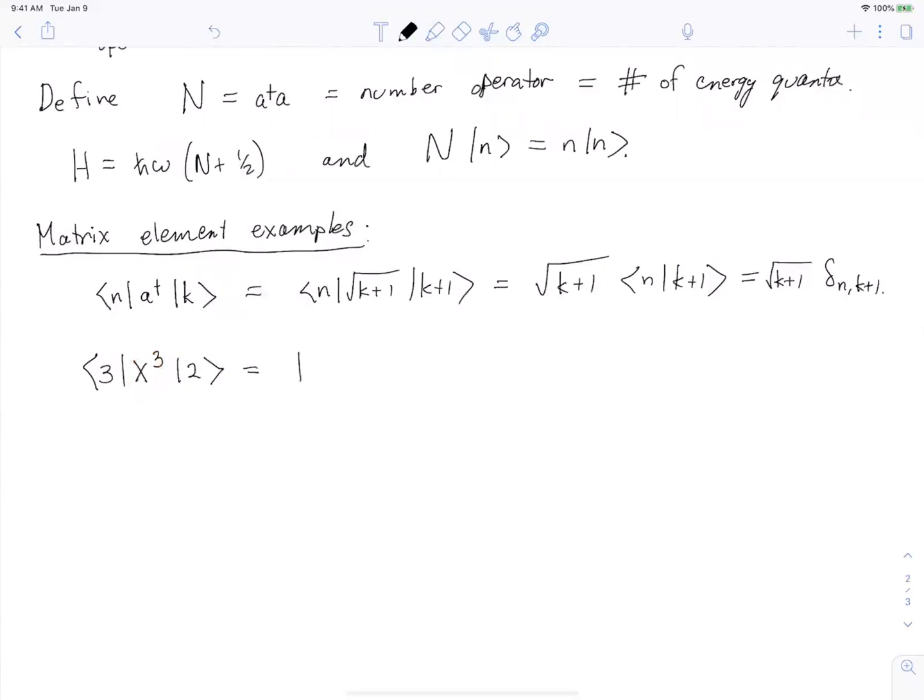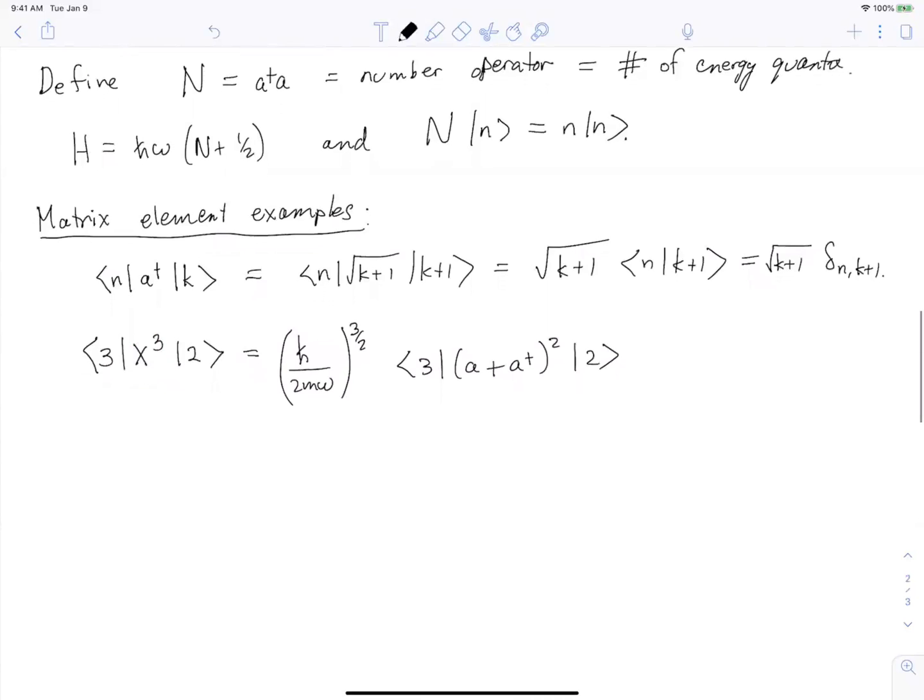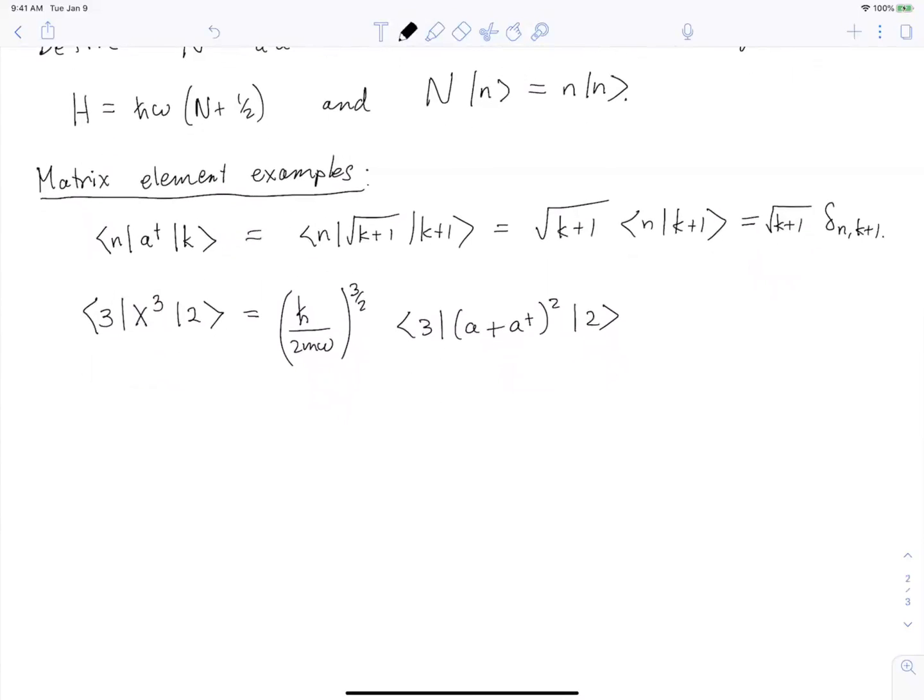Each one of them comes with a factor of h bar over 2m omega to the 1/2, so there's 3 of those. And then there's a plus a dagger, oops, cubed. This should be cubed.